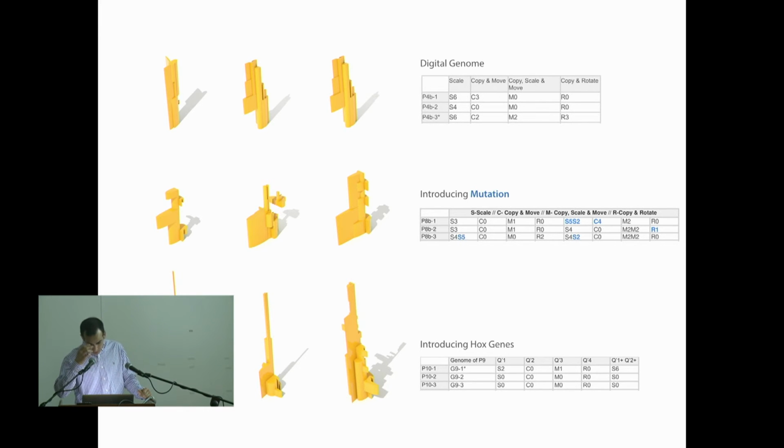And as the model becomes more complex, the top shows the original gene, a digital gene. In the second row, we're beginning to introduce mutation. In the third, we're beginning to have Hox genes, so we can further refine what we're looking for, but at the same time we're able to get a variation that fits within each design criteria that we're seeking.